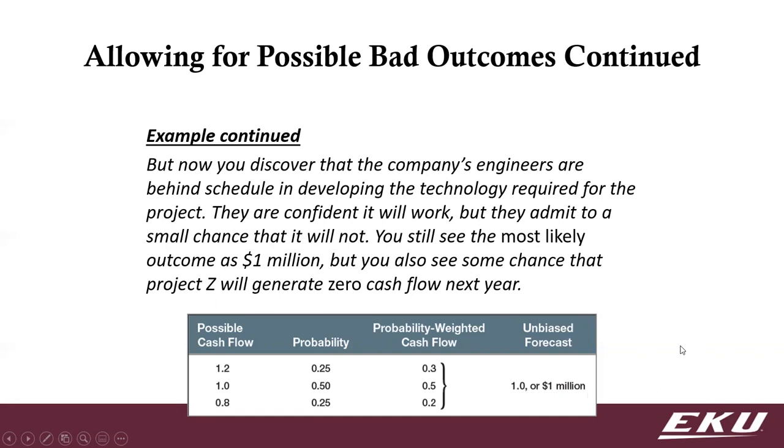So even though there's some risk there, the expected value, or what we say unbiased forecast, no weighted or anything, is 1 million. That's the average value right here. Okay.